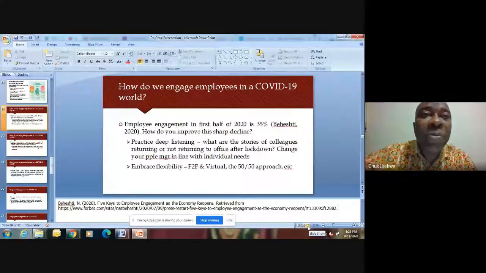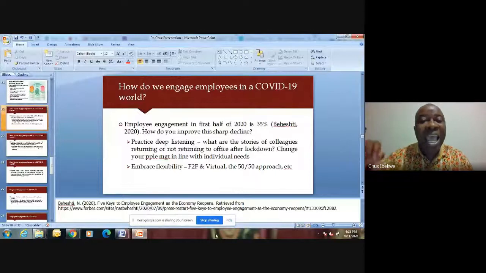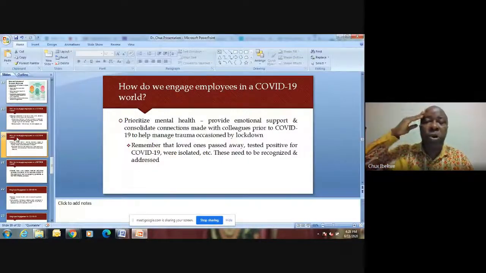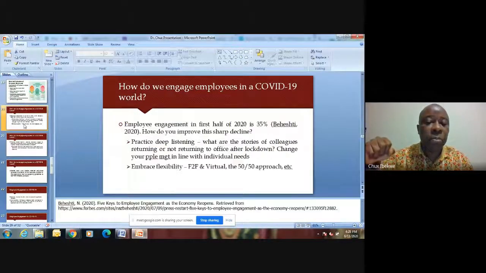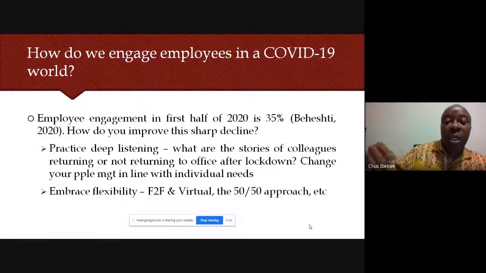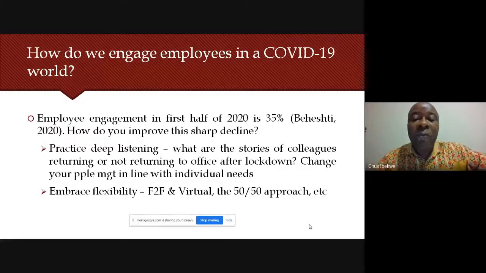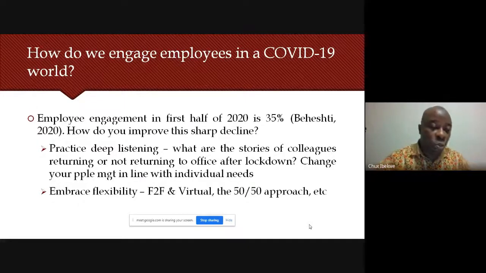So you can replace face-to-face with virtual work. Encourage people to work from home. And then you can use a 50-50 approach. These are part of flexibility. So half of employees will be in the office, half will work from home, and use other flexibilities that allow work to be redesigned.